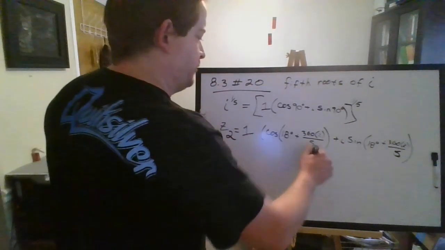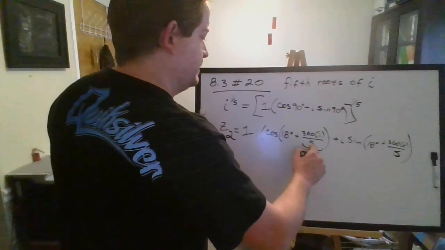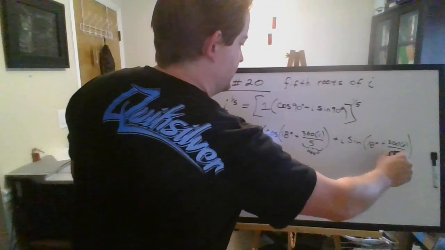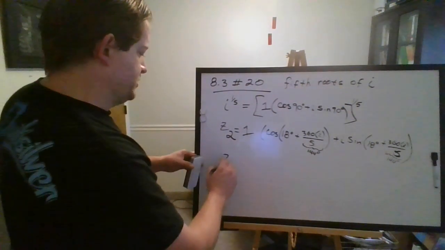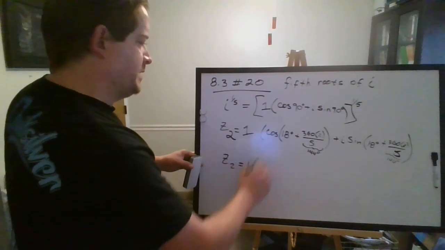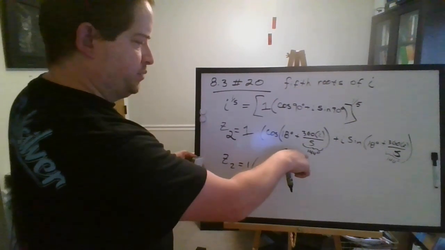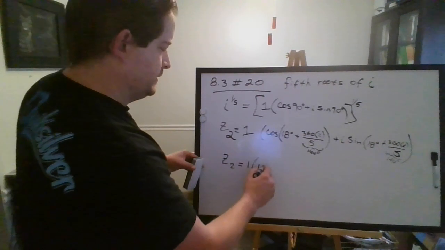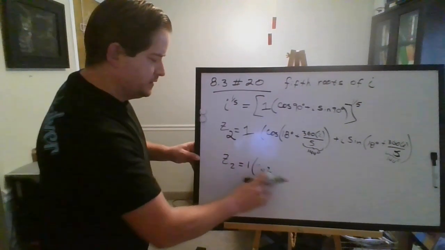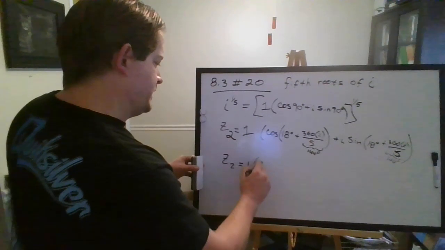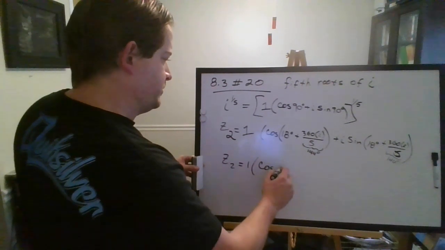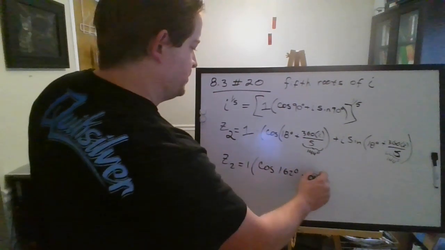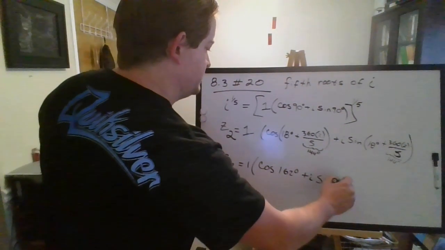So this should be 144. And so I end up with Z2 is 1 times the cosine of 18 plus 144, which is 162. So I should have cosine of 162 degrees plus I sine of 162.